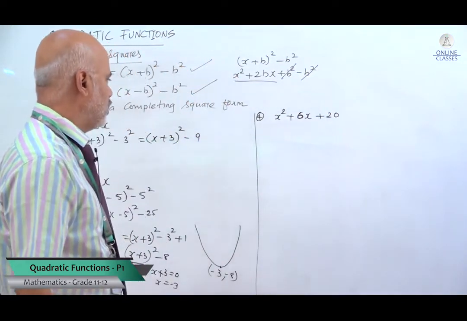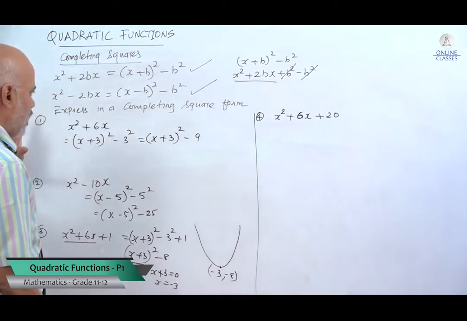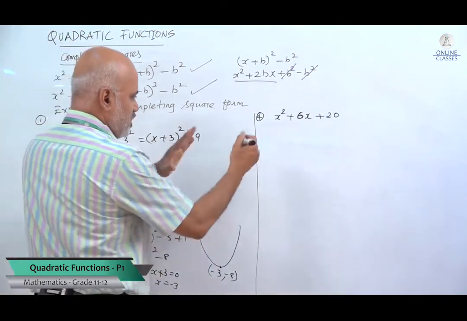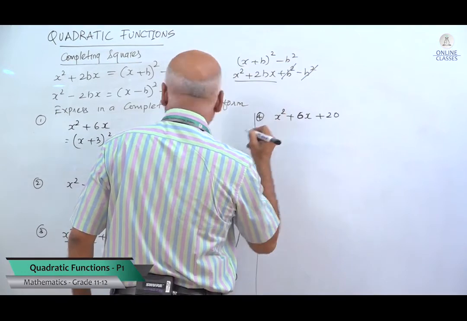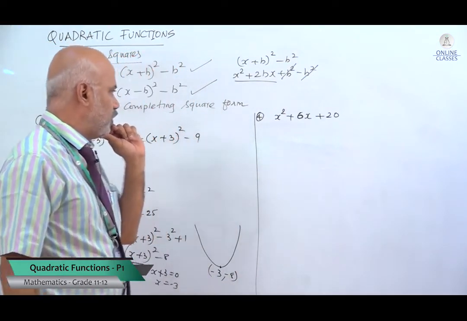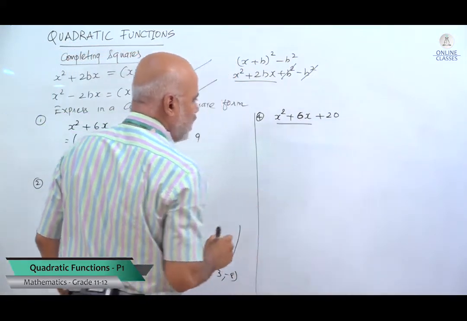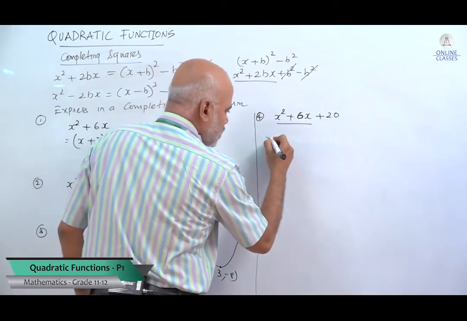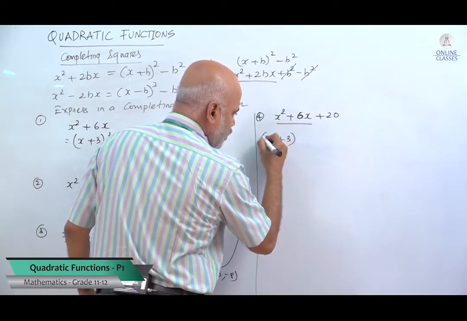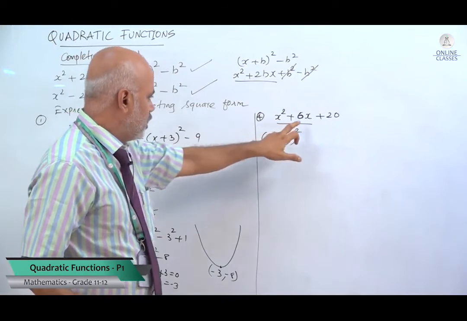Take this one, x square plus 6x plus 20. I'm not taking it as y is equal to, because we are just concentrating on that, but if you want you can note it as this. So in this case, how can I do the completing square? You guys already know that this is the part I should take. So that is x plus 3 the whole square. Remember here plus 2b, here plus 6x.